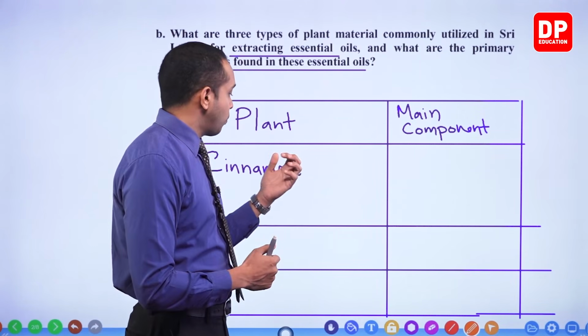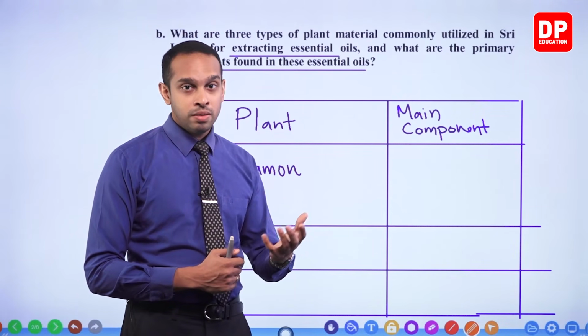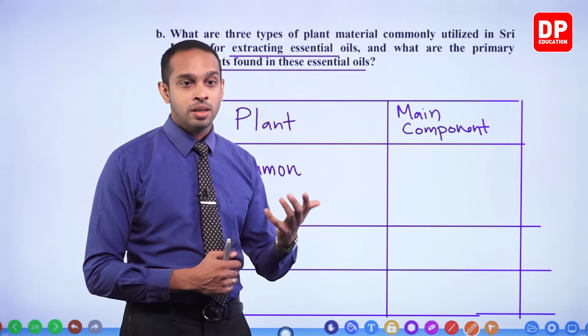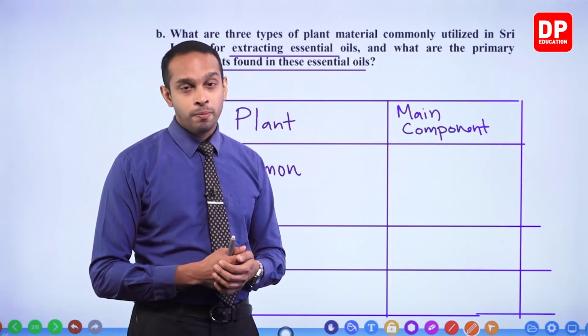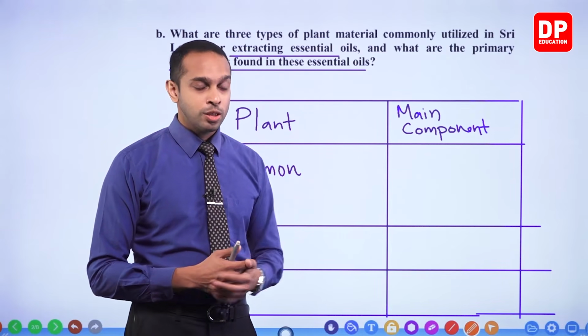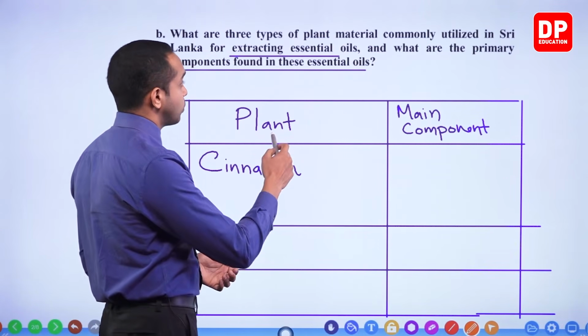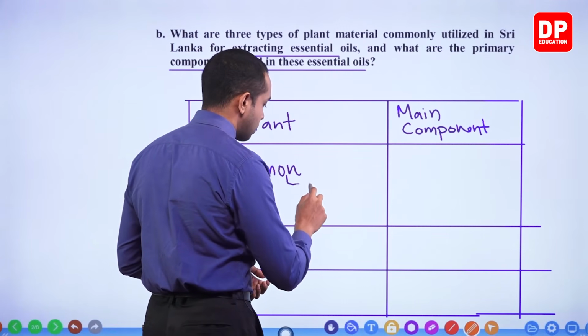One type of oil is extracted from cinnamon leaves. These are relatively inexpensive. The other type of oil is extracted from cinnamon bark, which is going to be a bit more expensive.